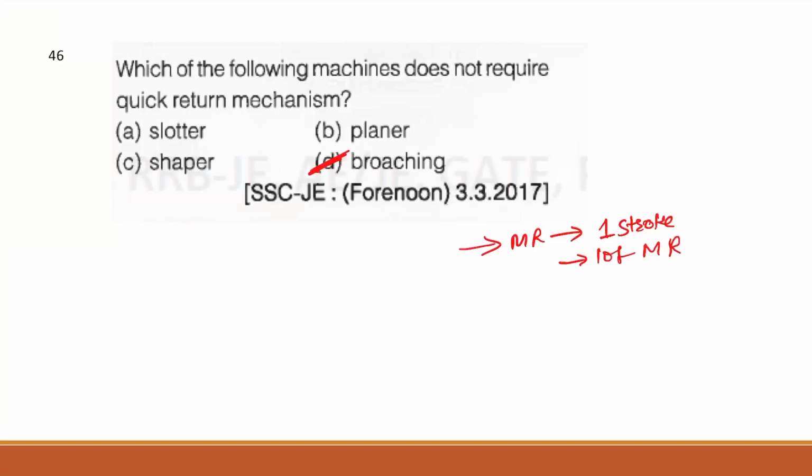But in a shaper, slotter or planer, the material removal is very low, so there is a requirement of a quick return mechanism. For broaching there is no requirement of a quick return mechanism. So our correct answer is broaching.